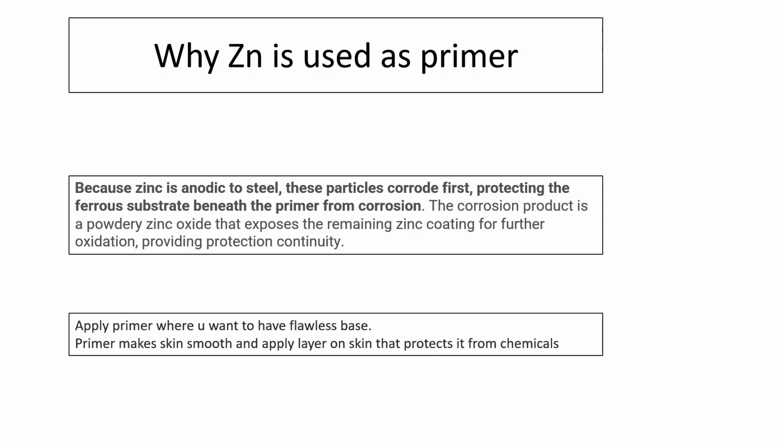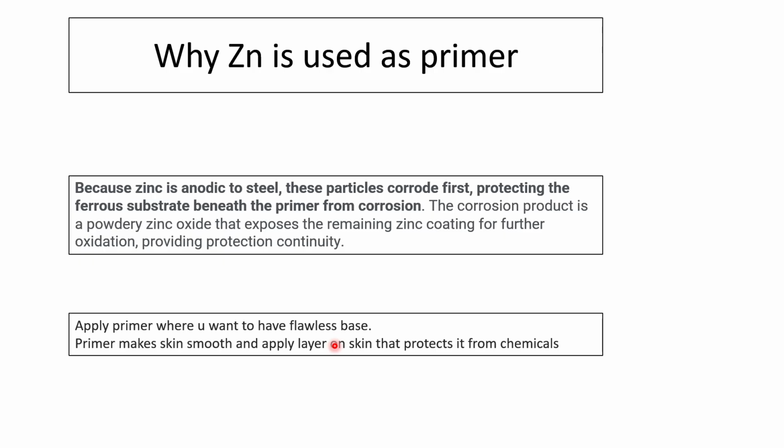It protects the skin from attack of any corrosion or chemicals. Purpose of zinc: as I have told you, zinc is periodically a superior material to iron, so it will corrode fast and not allow iron to corrode. When the zinc corrodes, it forms zinc oxide, and that will further protect the zinc.